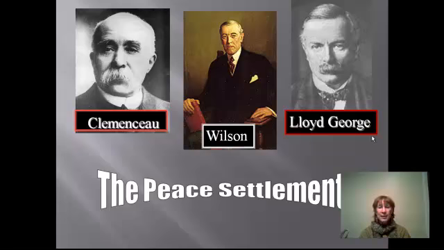But both Clemenceau and Lloyd George wanted very much revenge. They both were angry. They wanted Germany and Austria, especially Germany, to pay, and what they wanted to do was to punish Germany. President Wilson was the opposite.